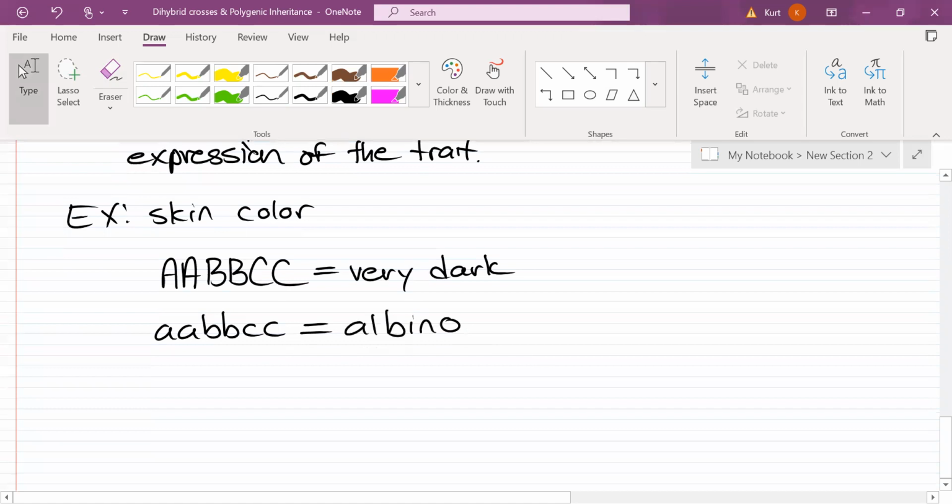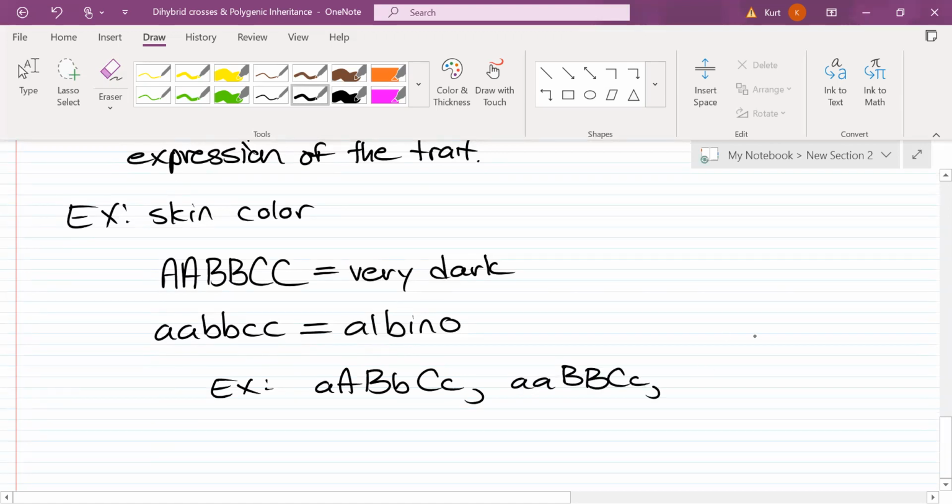All right, so you can have a whole lot of different combinations. Just a few examples just to kind of mess around. You could have this. You could have this. There are, I think, 64 different combinations you can have here. So it just goes on and on and on.